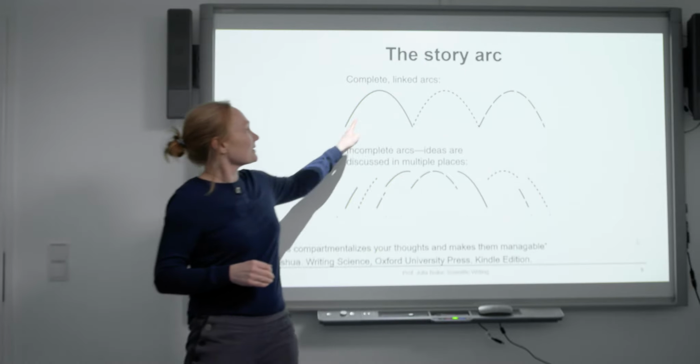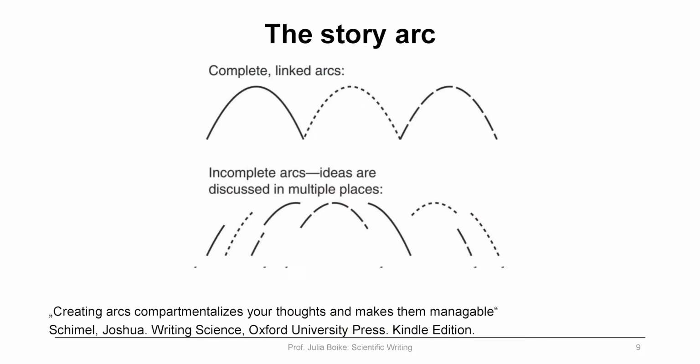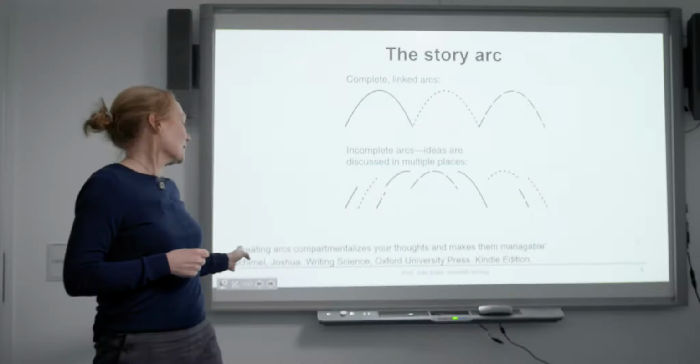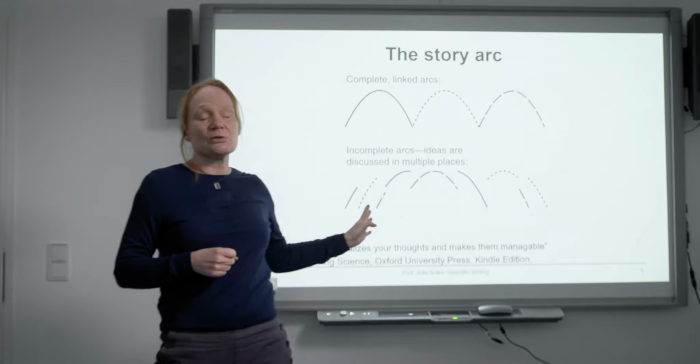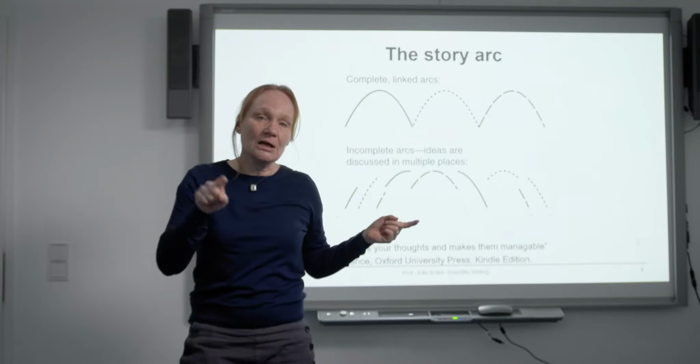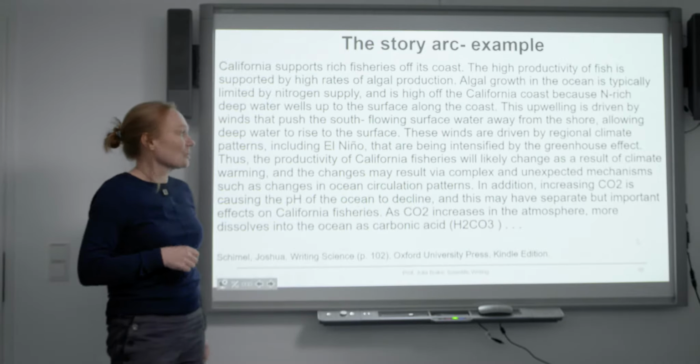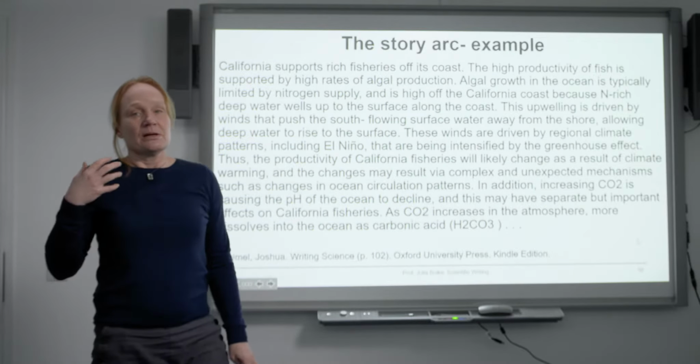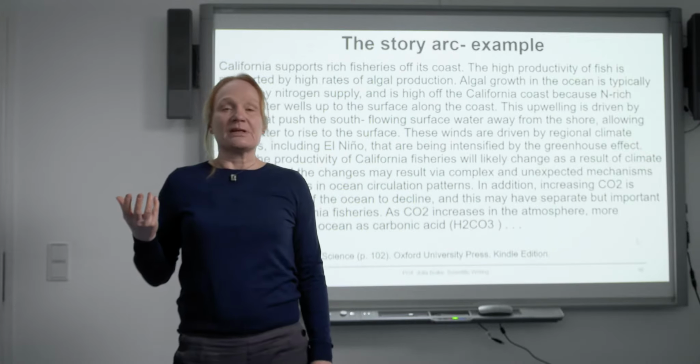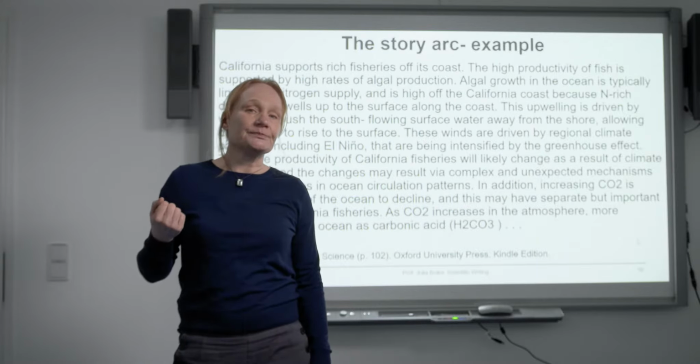Here, these arcs are completed and linked, so I can follow them. If they are not completed, and broken up in multiple places, the story is probably not understood because they are not linked. So it's important that you keep this picture of connected arcs in your head. Basically you make a big text digestible for the reader.